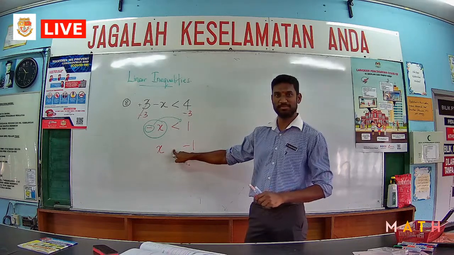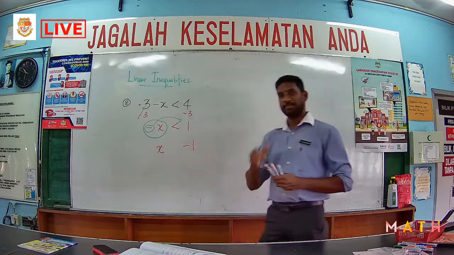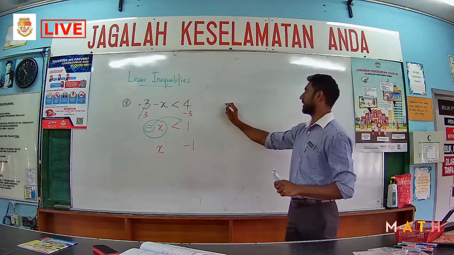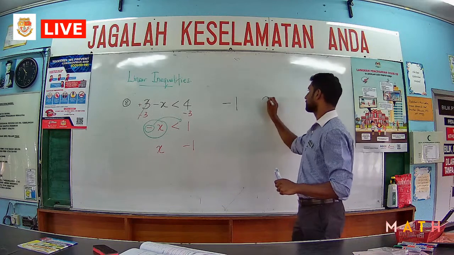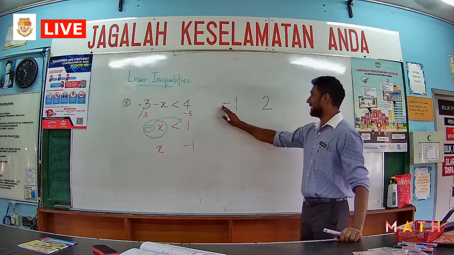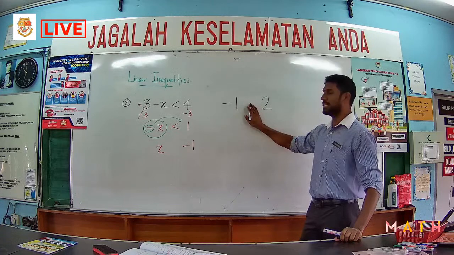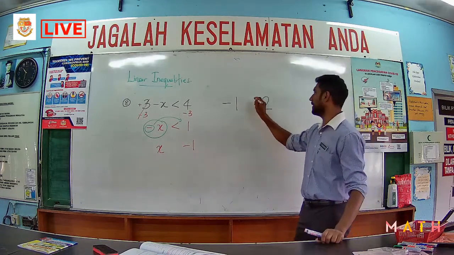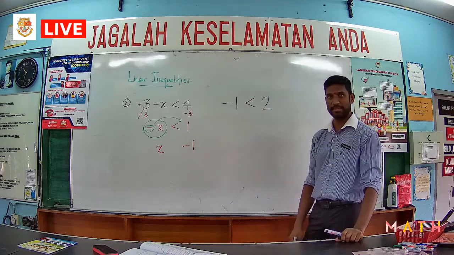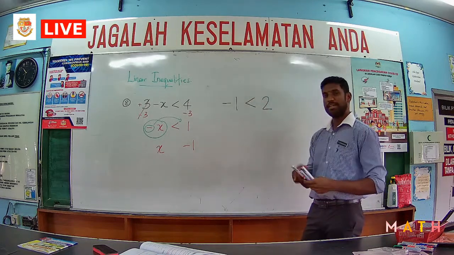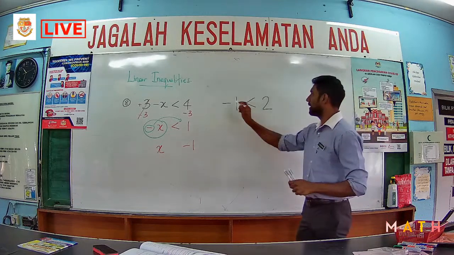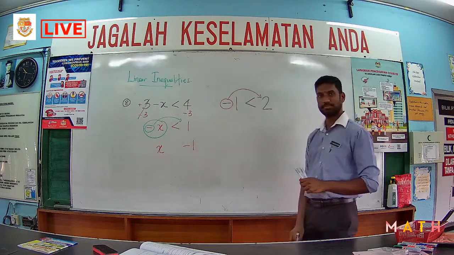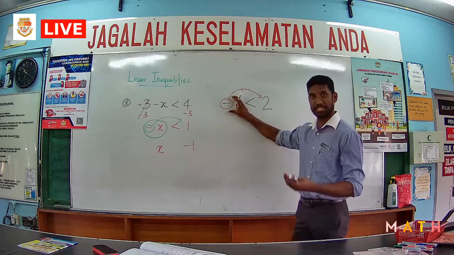Why? Okay, class. Before I give you the answer, just have a think about this question here. Negative 1 is less than or more than 2? The answer will be less than, correct? Yes, okay, good. Now, just use this example. If I transfer this negative to the other side, I want to make this number become positive.